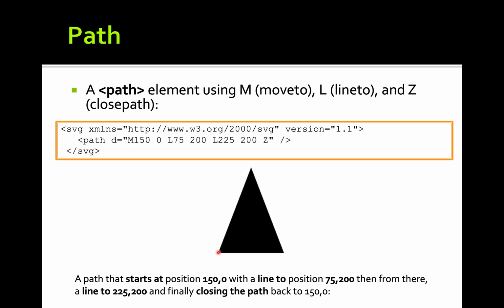Our position, our focus, is from this point come to here, and from this point we have drawn a line. Then we draw another line to 225, 200. So we are trying to draw those lines.